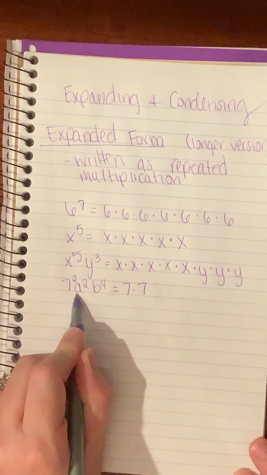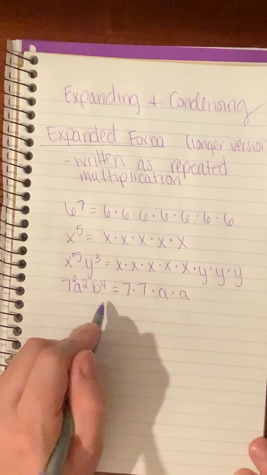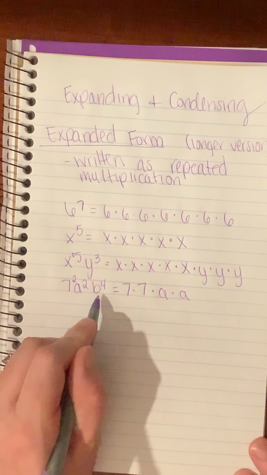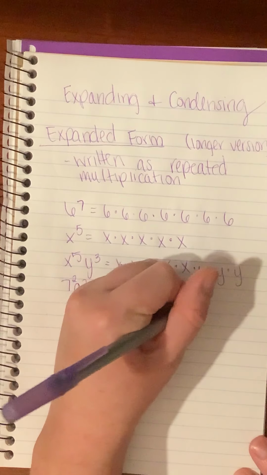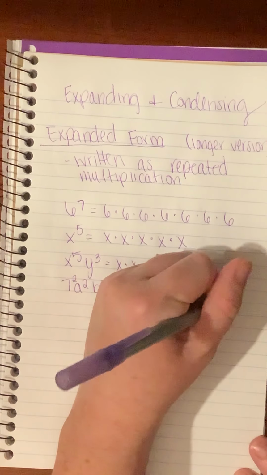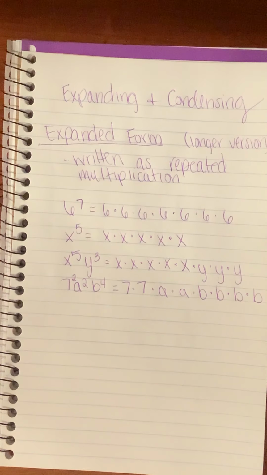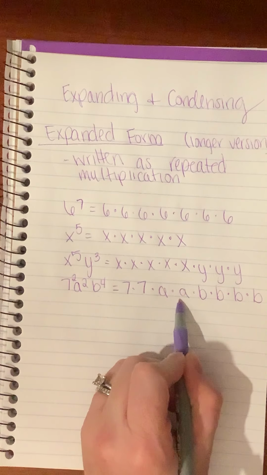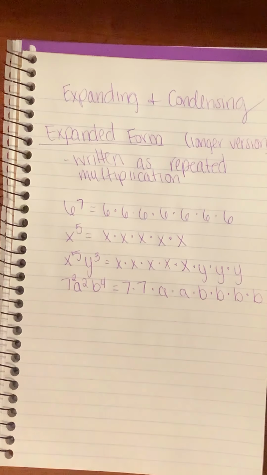My base a has a power of 2. My base b has a power of 4. So we have 2 7s, 2 a's, and 4 b's. That is expanding. We're taking our base and our power and we're making it bigger.